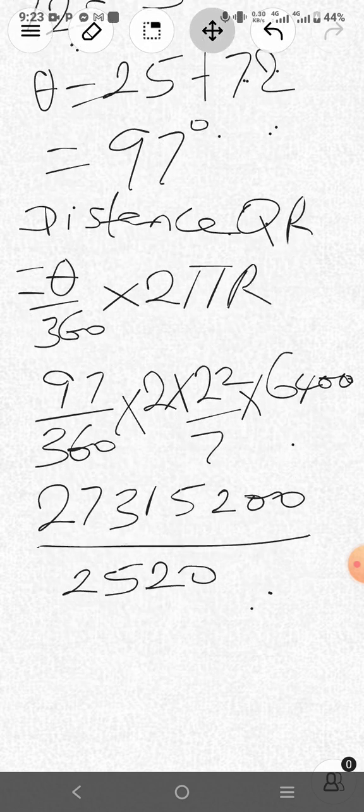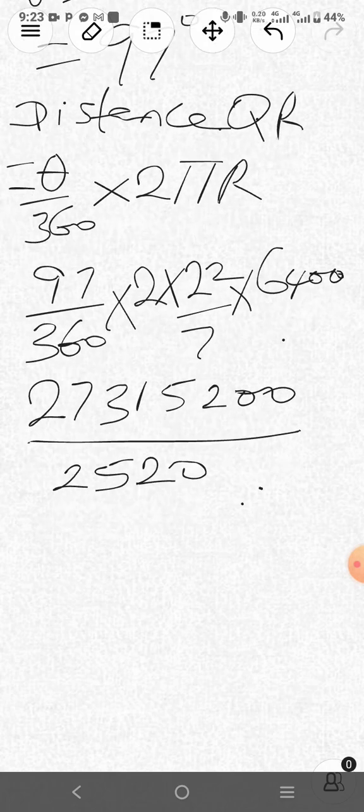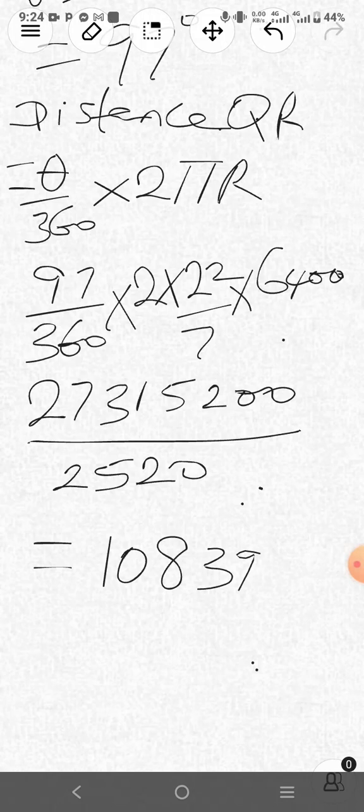So we divide 27,315,200 by 2520, equal to 10,839.36.